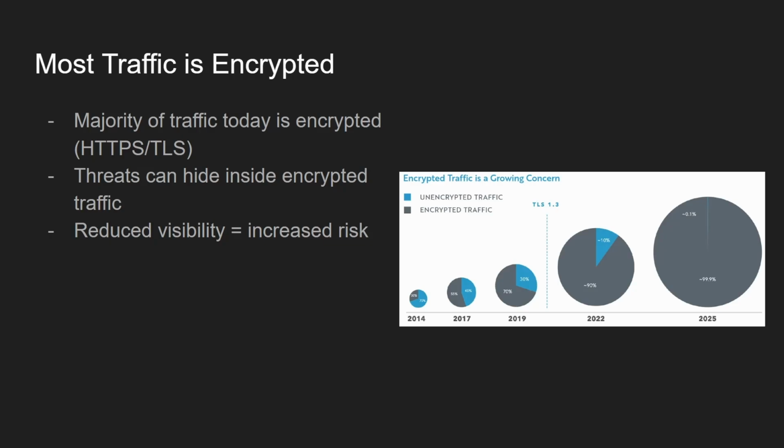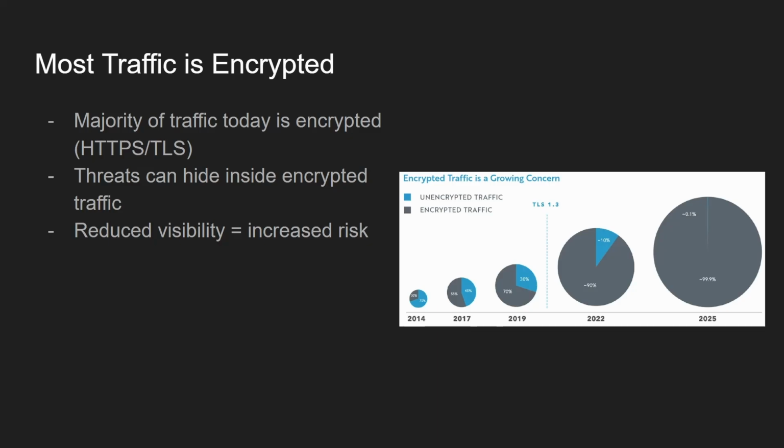We have to remember that encrypted traffic is like that sealed envelope. Deep packet inspection gives us the ability to inspect traffic deeply, but it can't actually see inside that encrypted traffic. This creates a problem because the attackers know this too. They can hide malware or command and control traffic or exfiltrate data inside encrypted sessions.